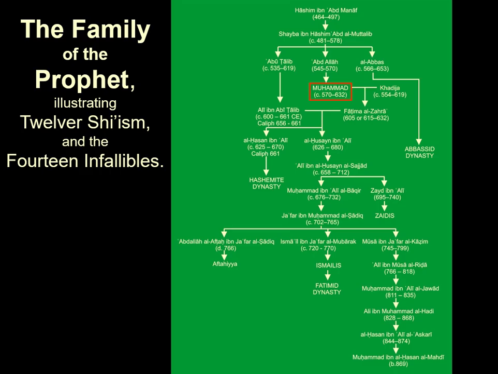He is the first of the 14 infallibles of Twelver Shiism. The next is his daughter Fatima and her husband Ali. Ali was the fourth Caliph, or successor of the Prophet, and the first Imam.